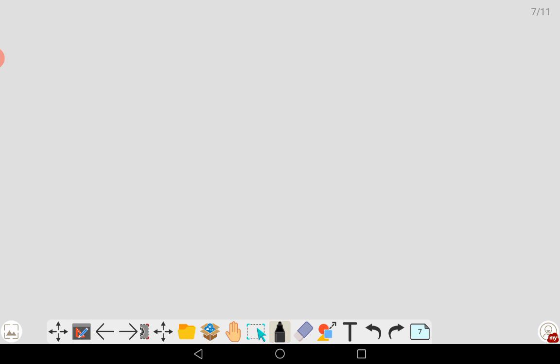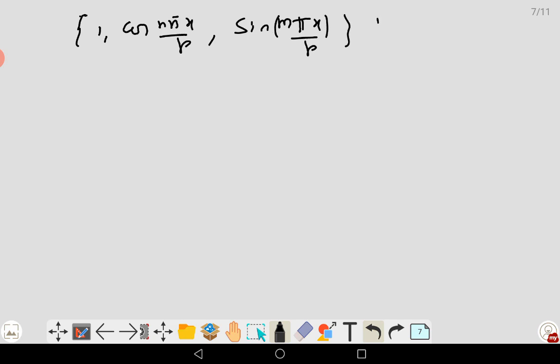There are 3 different possible elements in the set. What are they? 1, cosine n pi x over p, sine m pi x over p, isn't it? This will be repeating for n and m being 1, 2, 3. So what is the norm of 1? Integration from negative p to p, 1 into 1 dx.